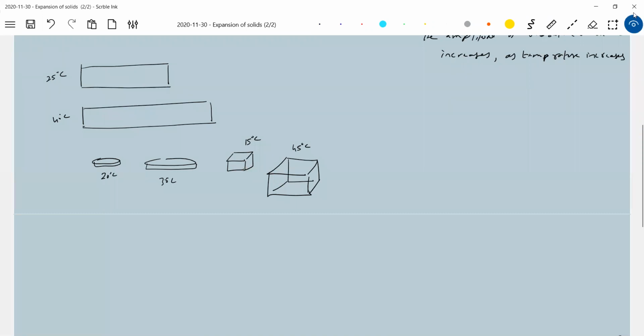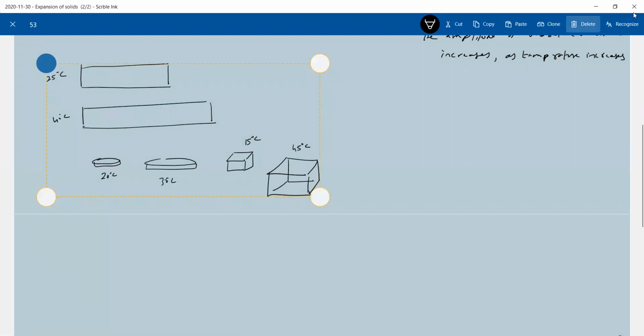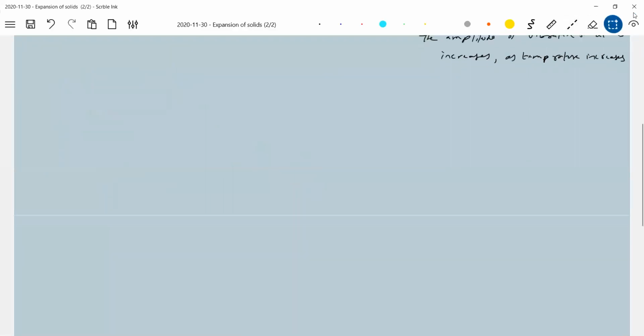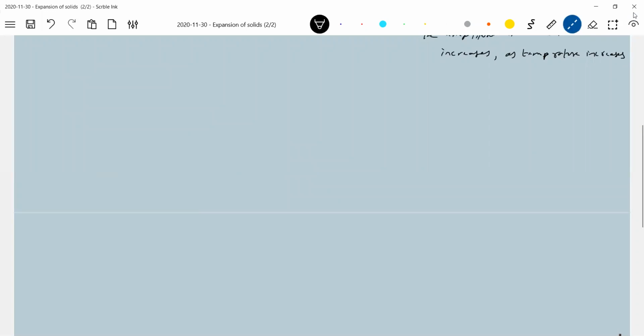Okay, now we have to give an explanation. Why does that expansion in general take place? That is the primary question. Let me start with the atomic theory. All of you know this particular graph, which is very familiar to you.